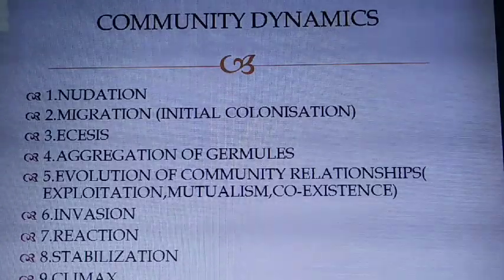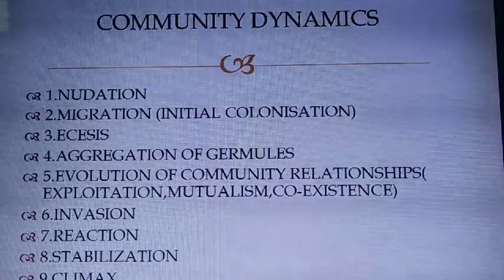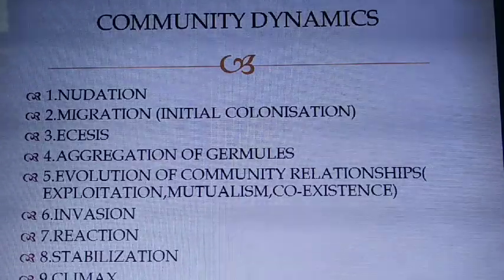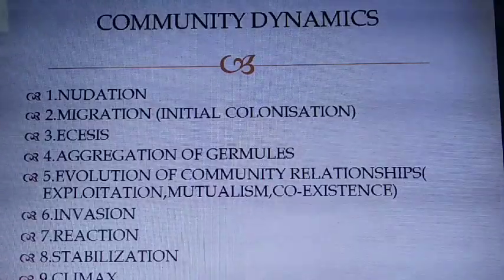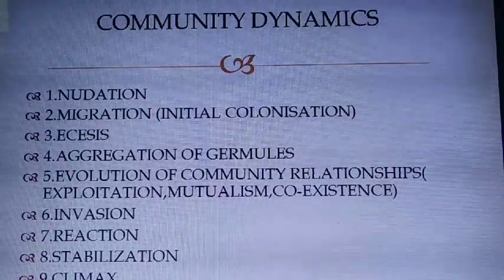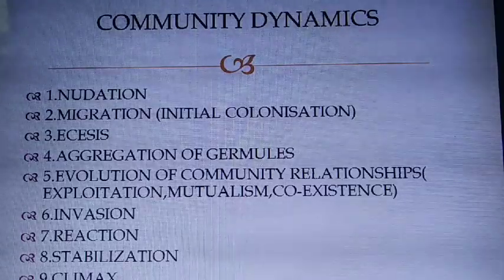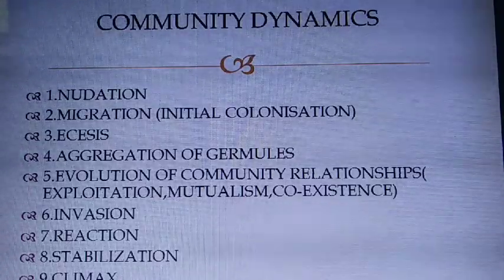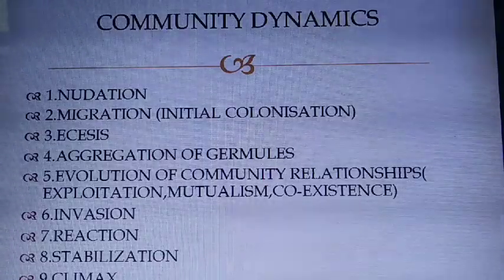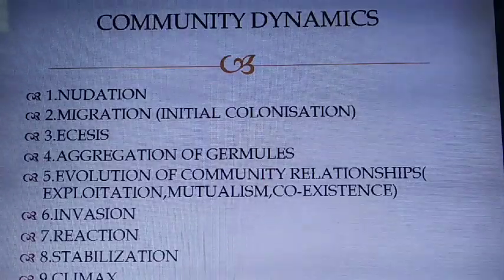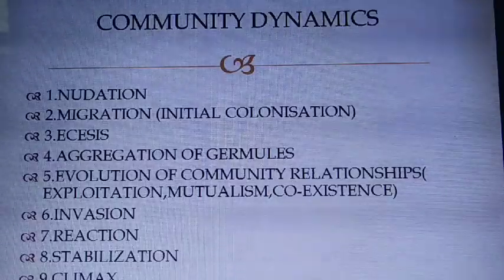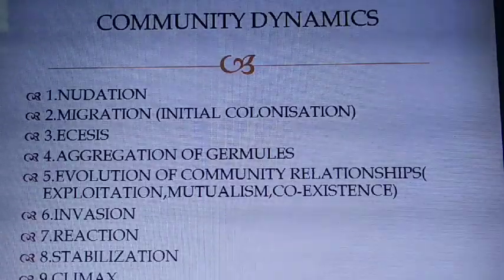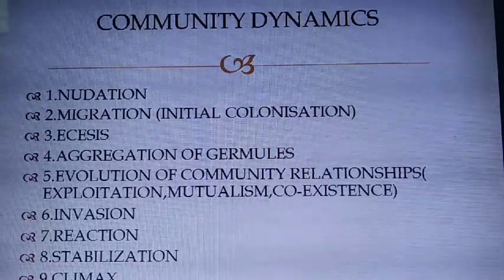evolution of community relationships, that is how much they are interdependent upon each other, the interrelationship between one another for the space, for mating, for the availability of nutrition, for sunlight. All these come under the fifth step, that is evolution of community relationship. Next comes invasion and then reaction to the environment.